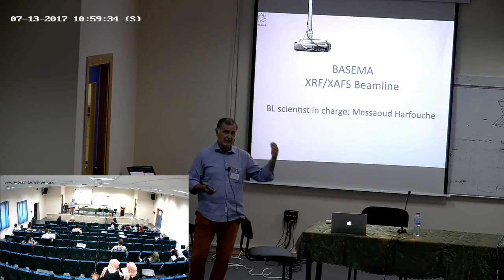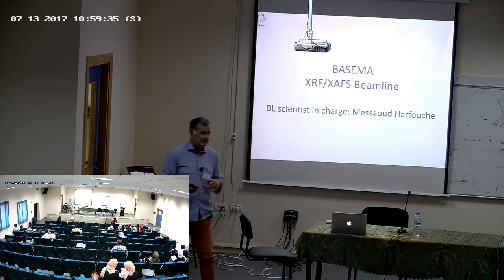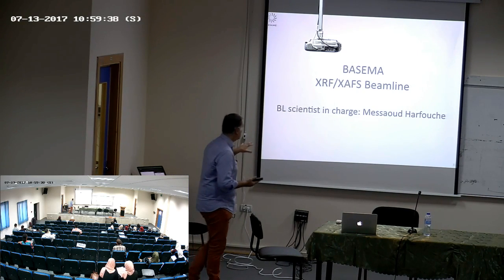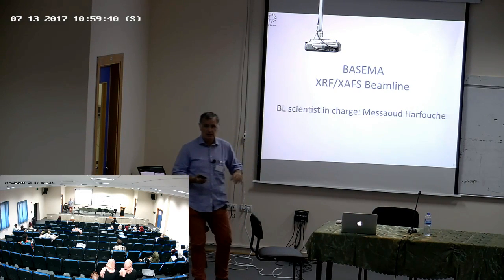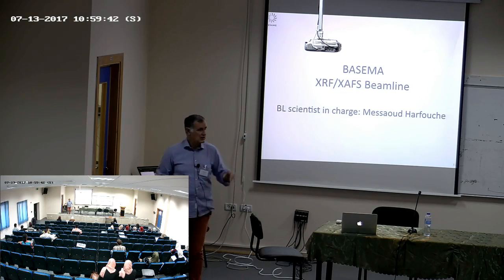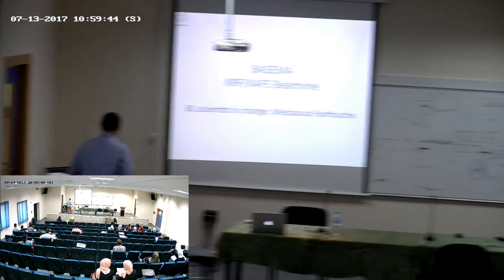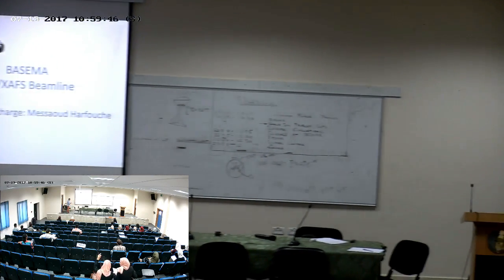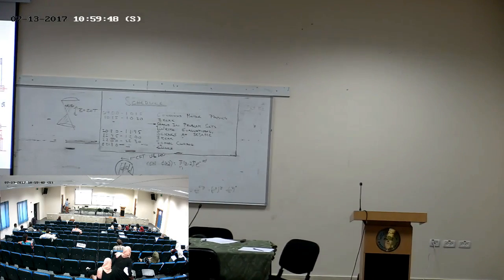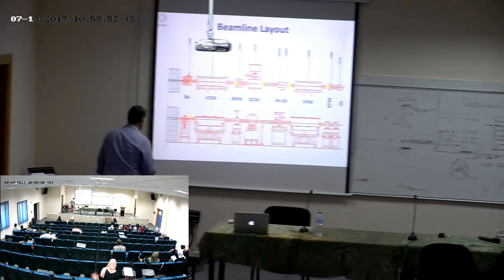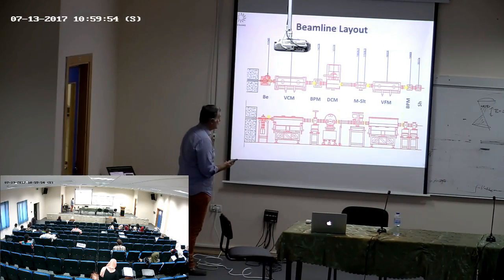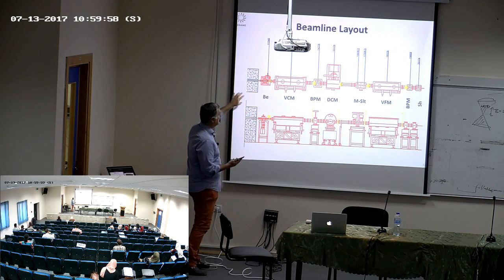The painting by Van Gogh was an example application of a beamline similar to that. The beamline scientist in charge is Messaoud Arfouch from Algeria. And this beamline, as I said, is based on a donation from a German institution.